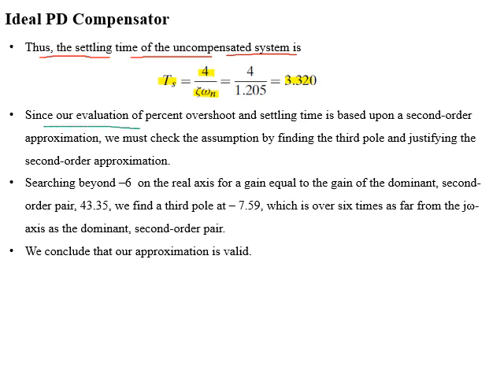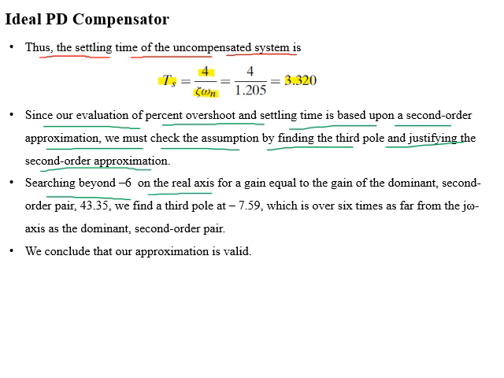Our evaluation of percent overshoot and settling time is based upon second order approximation, so we must check the assumption by finding the third pole and justify the second order approximation.